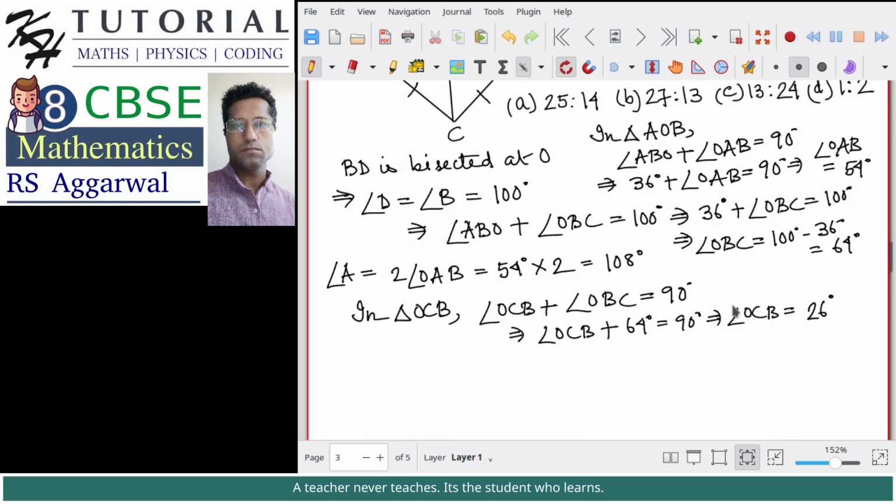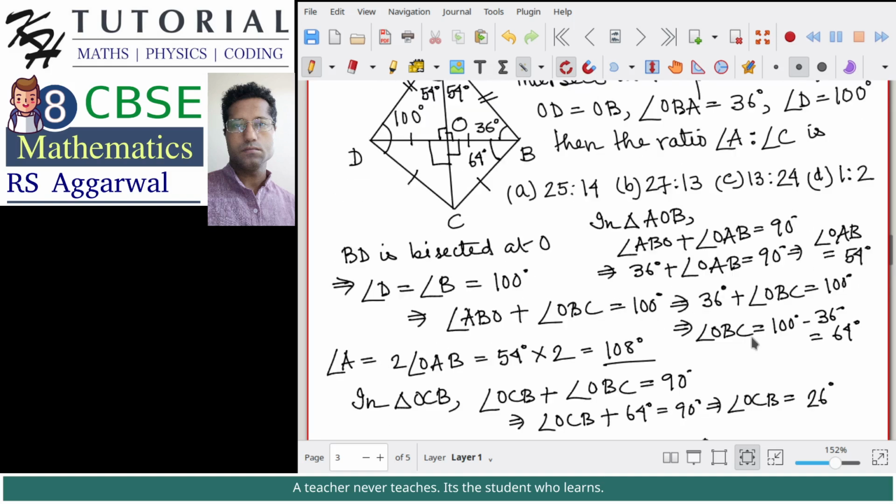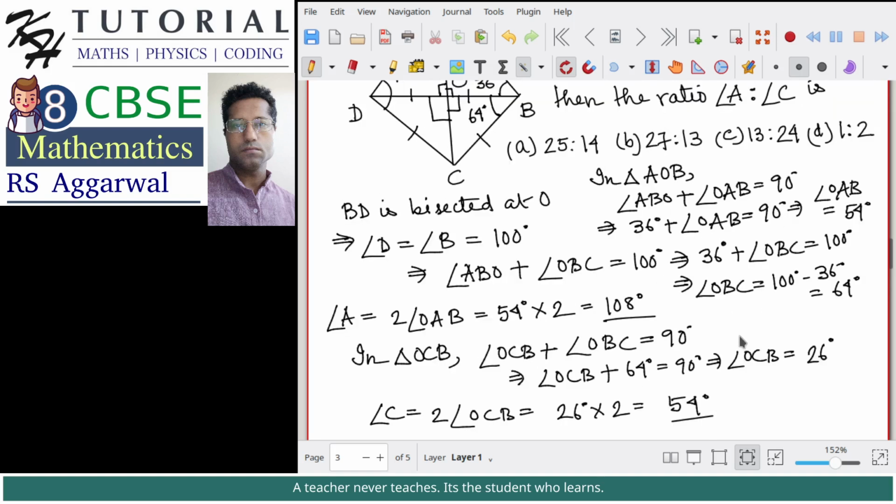Okay, so this is 26 degrees. Also we know that angle C is bisected, so angle C will be twice angle OCB, which is 26 degrees multiplied by 2, which is 52 degrees. So we have found angle A to be 108 degrees and angle C to be 52 degrees. It was asking the ratio A to C.